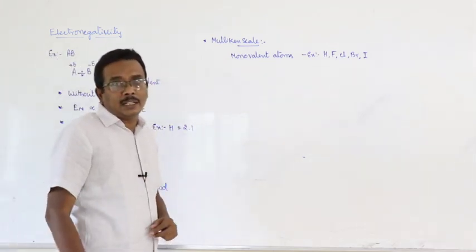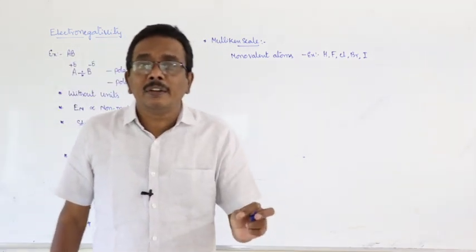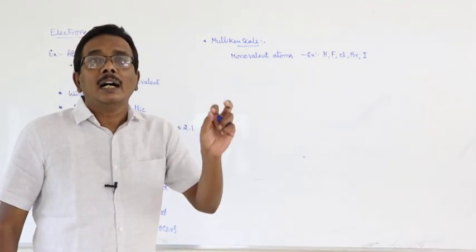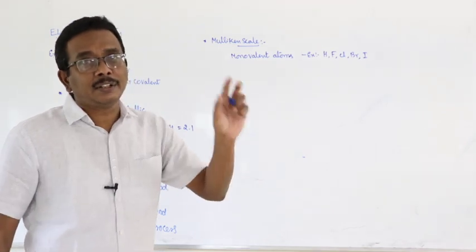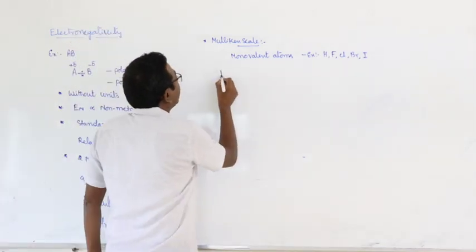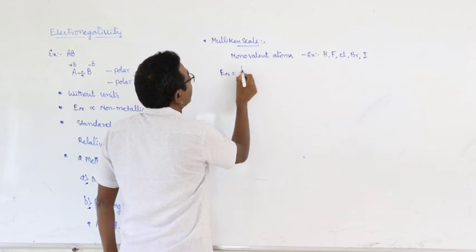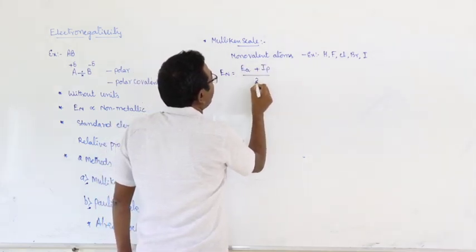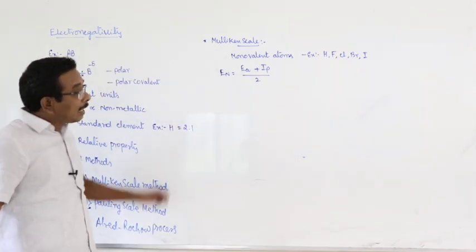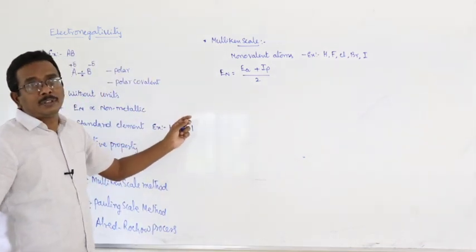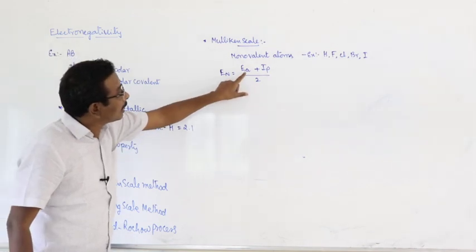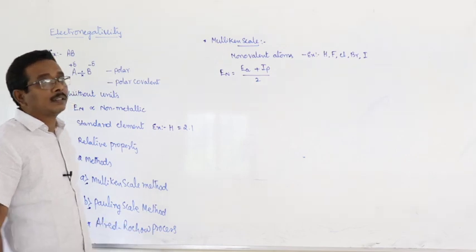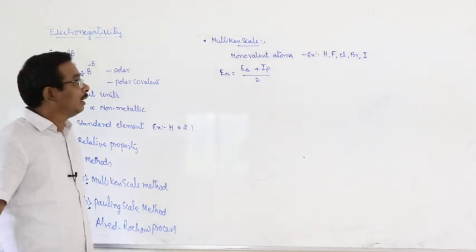According to the Mulliken scale, the electronegativity of an atom of an element is the average of its ionization potential and its electron affinity. That means electronegativity is equal to (electron affinity plus ionization potential) by 2. But there is a problem with this.